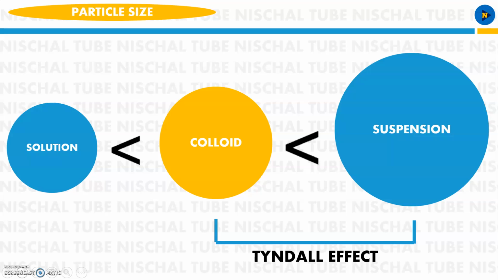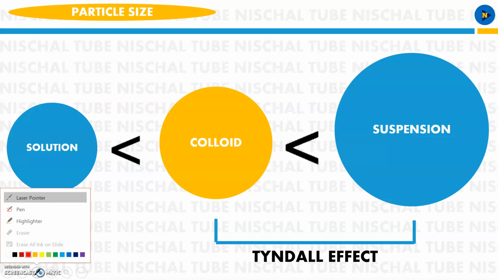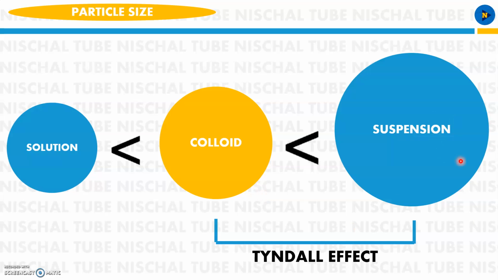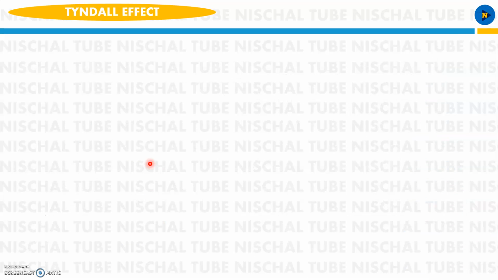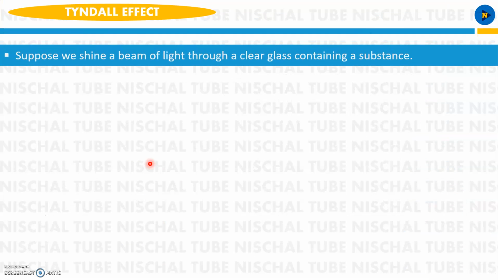So if we look at this in terms of particle size, the solution has the smallest particle size. It's less than the colloid, which is less than suspension. However, the colloid and the suspension display the Tyndall effect, which we'll be talking about right now. Alright. So, in a given circumstance, suppose we shine a beam of light through a clear glass containing a substance.